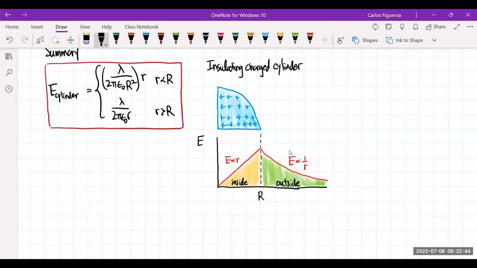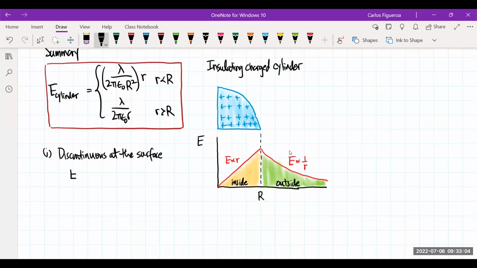So there's a couple of things here. Immediately what you're seeing is that it's discontinuous at the surface. No surprise.